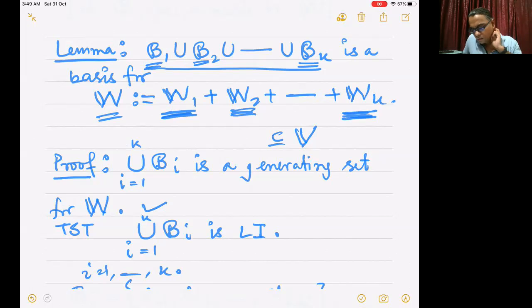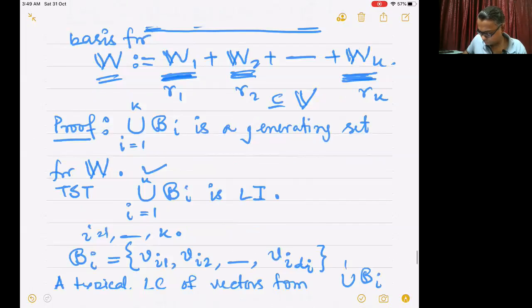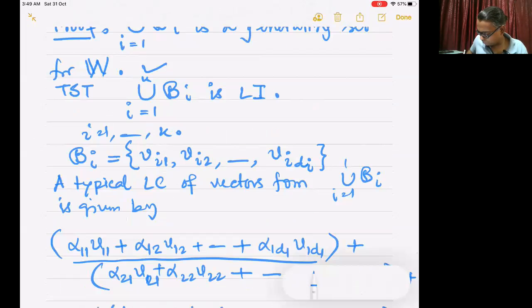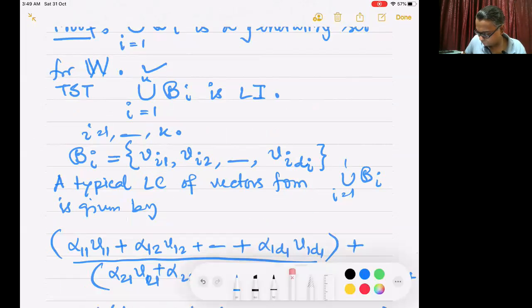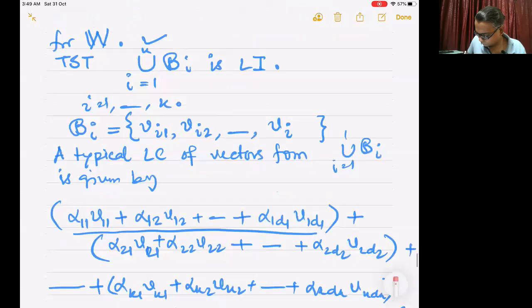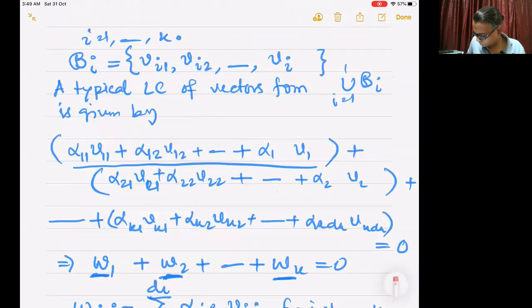Whatever these numbers are, let's say they are R1 up to Rk. So I think that's better. Instead of D, let me replace them by R, because we have to understand that this doesn't have to match the D's that correspond to the algebraic multiplicities.